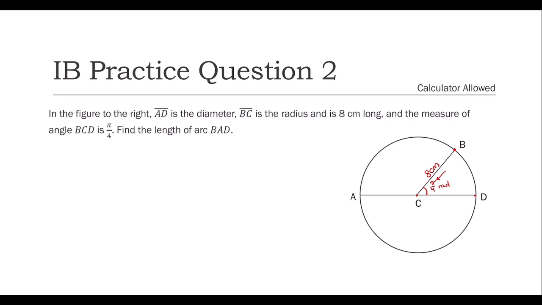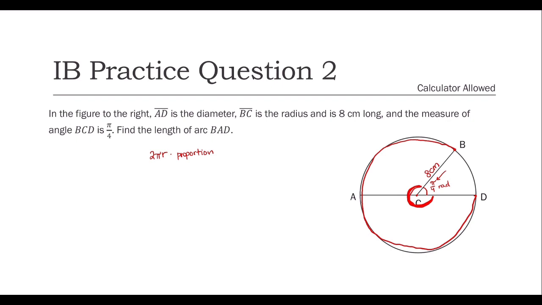So this says find the length of arc BAD. So we're trying to find this arc length. So our arc length is going to be our proportion of the circle times 2 pi r, because that's our circumference. So we need to know what this angle is to figure out what proportion of the circle we have.